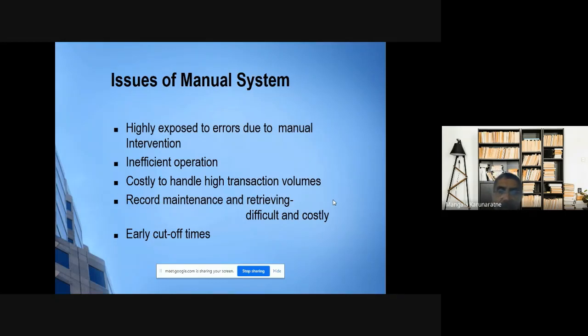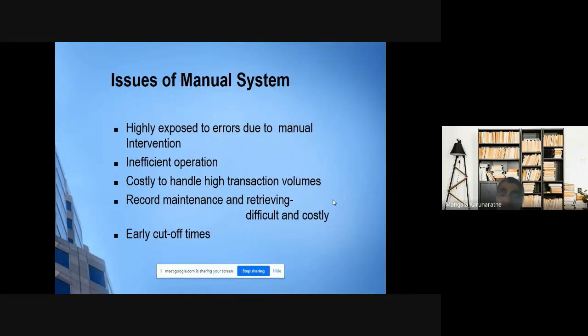The checks were transported to the central bank, and that is also humanly taken, right? A person will go to the central bank and deposit. So a lot of human intervention has created a lot of inefficiency in the operation.